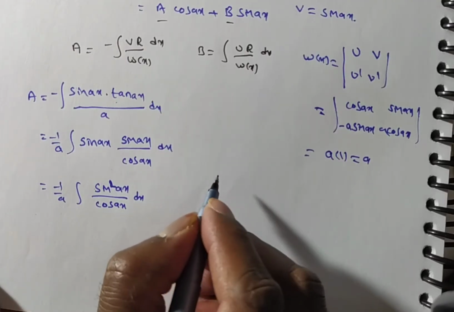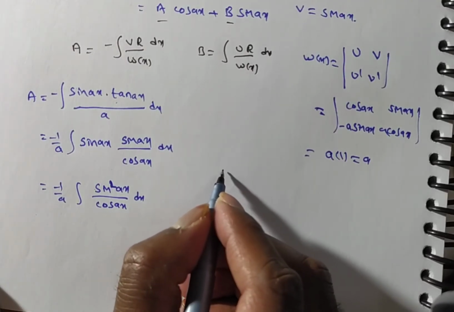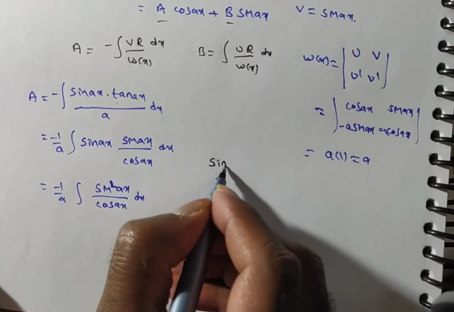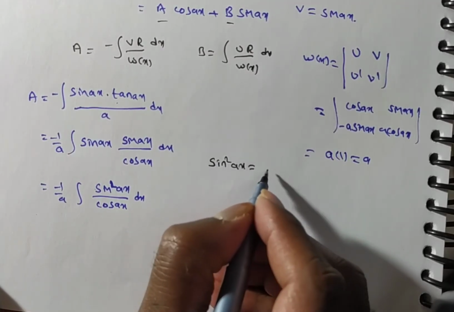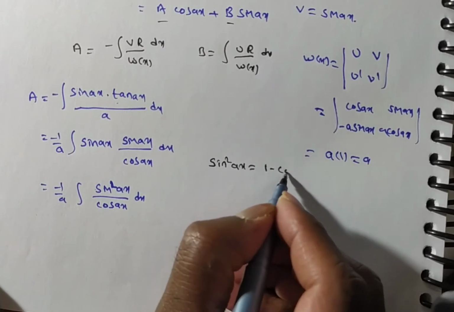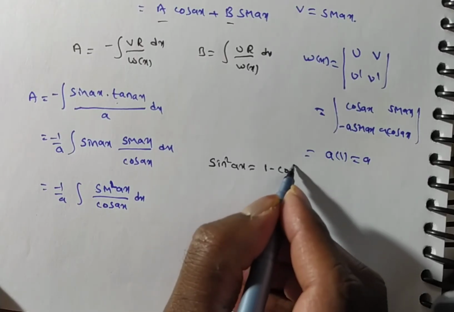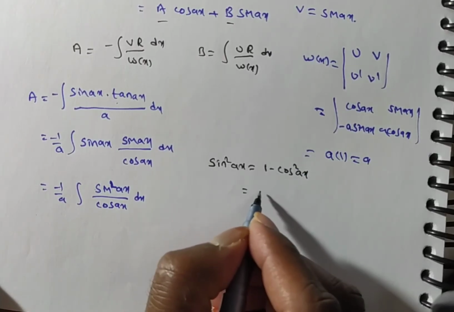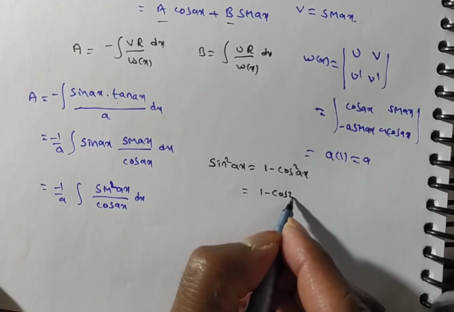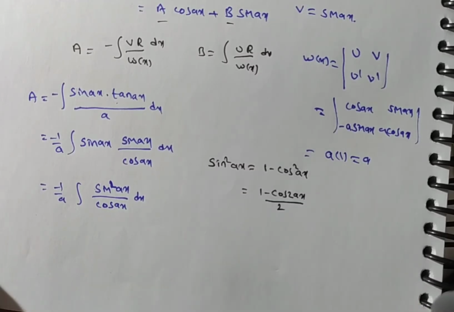Here the denominator is cos ax and the numerator is sin square ax. So verify, are there any formulas for sin square ax? Yes, we have two formulas: the first is 1 minus cos square ax, and the second is 1 minus cos 2ax by 2. Which one do we apply?